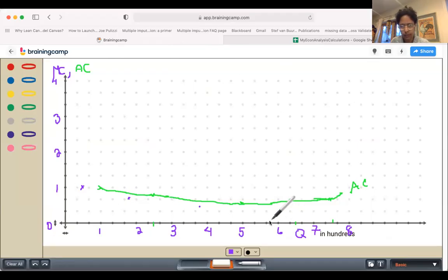Let's go down 575 right here, 0.67. Right here. Really close to here. All right, so what pattern do we want to notice here?